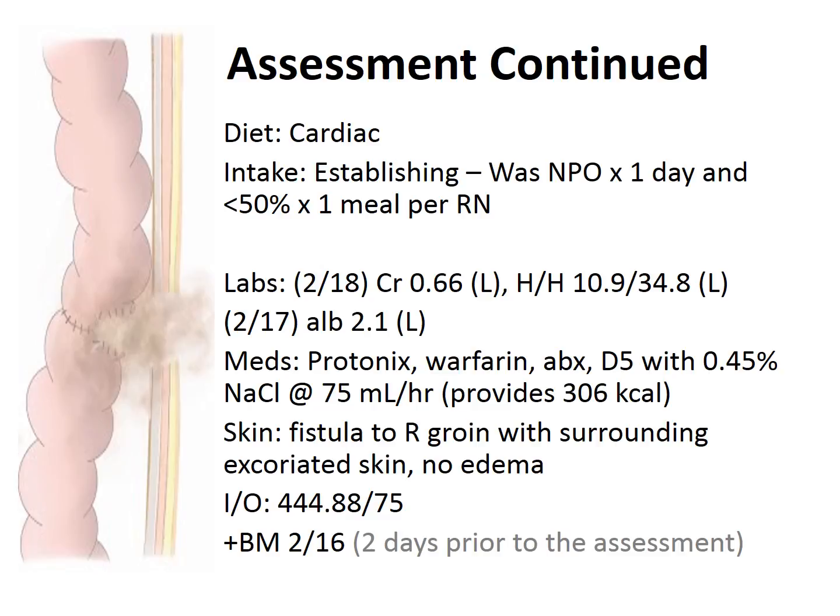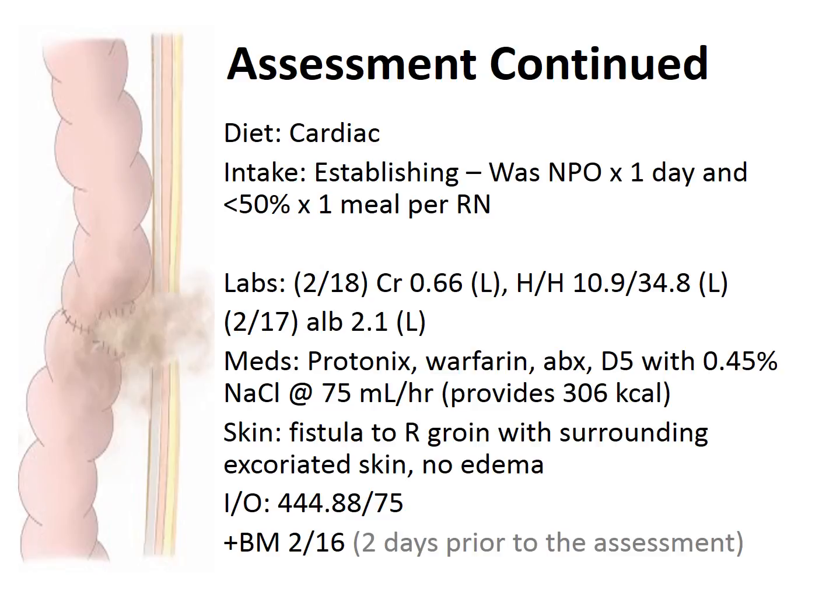Antibiotics, which, with the fecal matter going into areas that it should not be, helps with decreasing any chance of infection with the fistula. D5 or dextrose 5 with sodium chloride, which was running at 75 milliliters per hour. And it's important to note that this does provide calories, and in this case it was providing 306 calories per day.